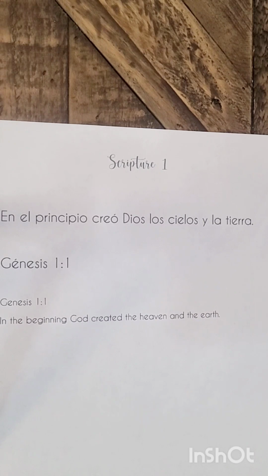Okay, girls, we are going to read a Bible verse in Spanish from Genesis. This is Genesis 1:1. Do you remember what Genesis 1:1 says? In the beginning, God created the heaven and the earth. In Spanish, we say, en el principio creó Dios los cielos y la tierra.